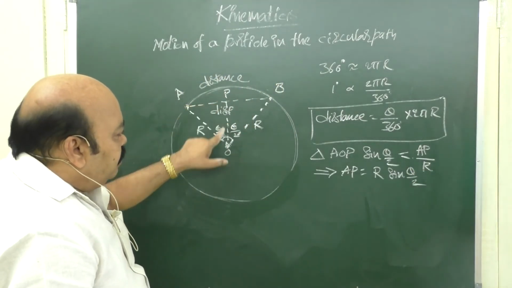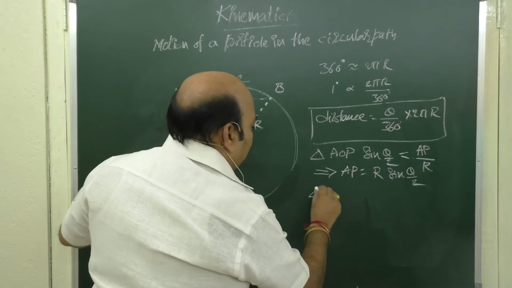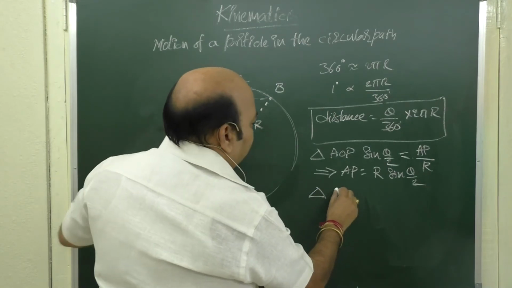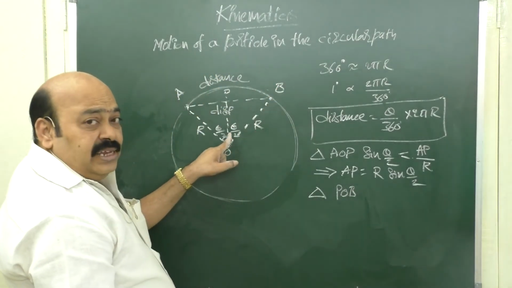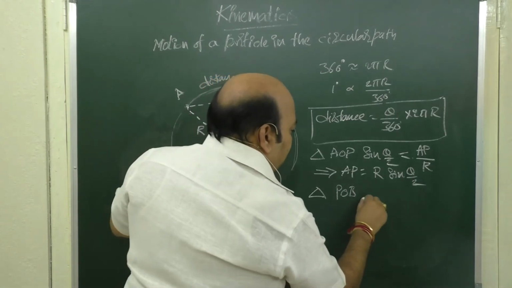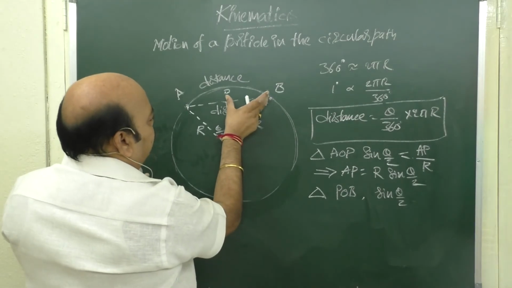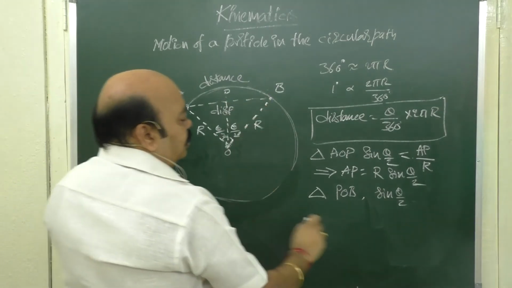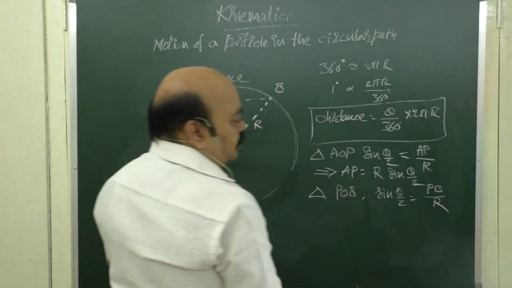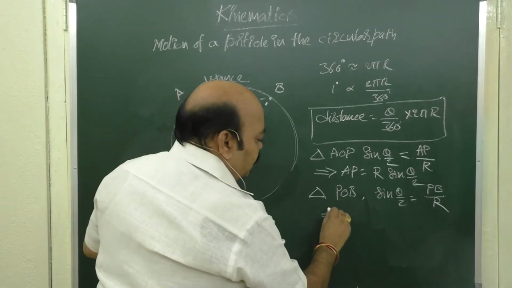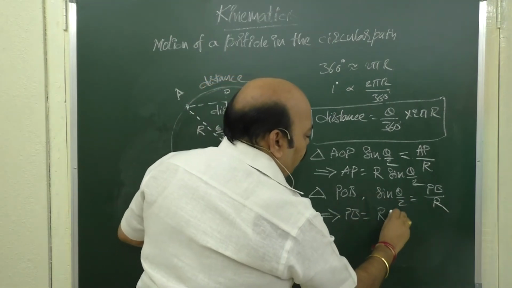Similarly, can you apply the same technique to the second half? From the triangle POB, again what is the sine? Sine theta by 2 is equal to the opposite side PB and the hypotenuse is the same, radius R. That is PB by R, which implies, by simple cross multiplication, PB is R sin theta by 2.